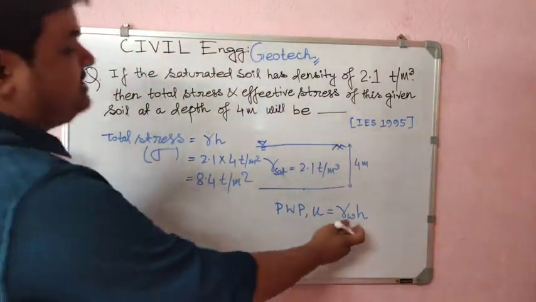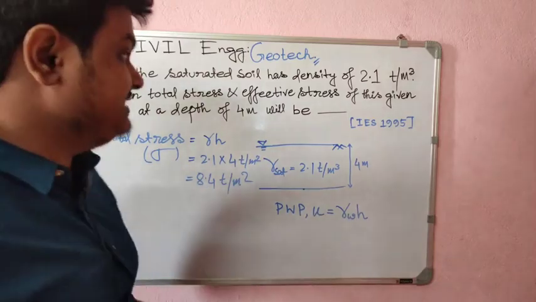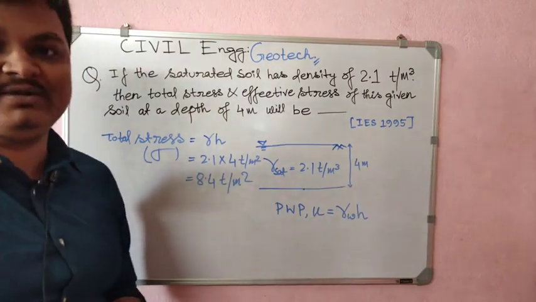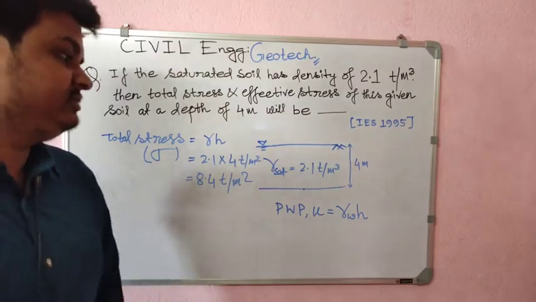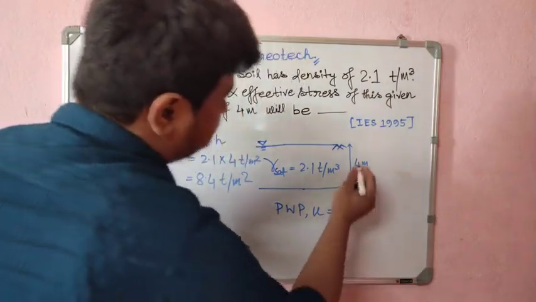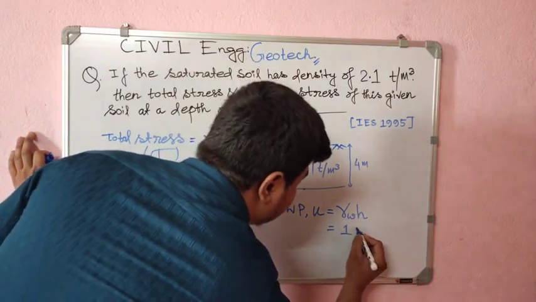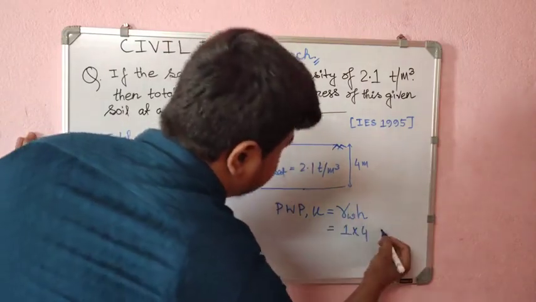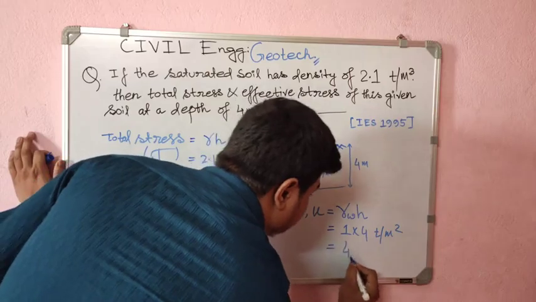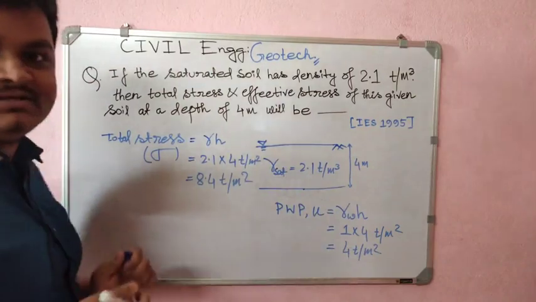Gamma W is equal to 1, because the unit weight of water is 1 gram per cm cube, and if we convert it to ton per meter cube, it is the same. H will be 4 meter. So 1 into 4, again ton per meter square, so this is 4 ton per meter square. This is our pore water pressure.